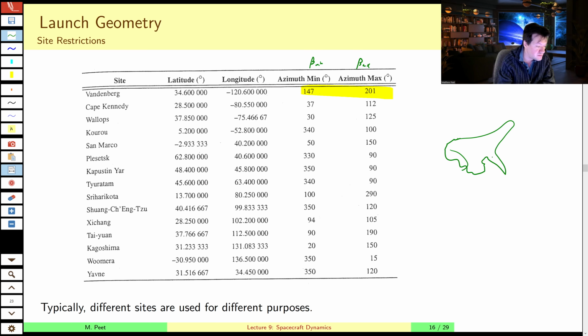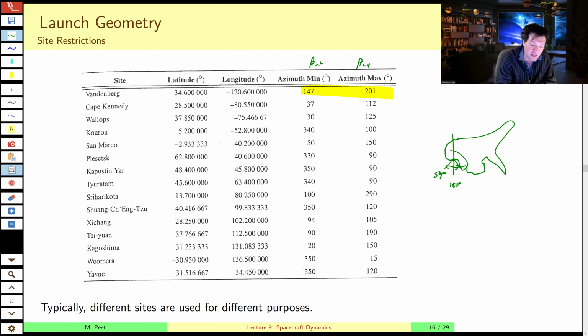Vandenberg is over here in California, and its acceptable launch azimuths, for example, are 147 measured from the vertical to 201. So that's 180 in this case, from 147 to 201: 20 degrees plus, and looks like 33 degrees minus. So a range of around 54 degrees, something like that.